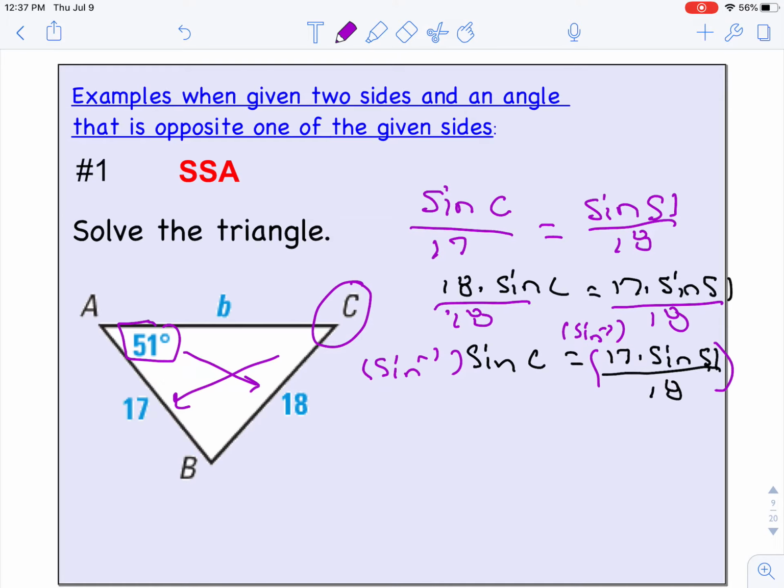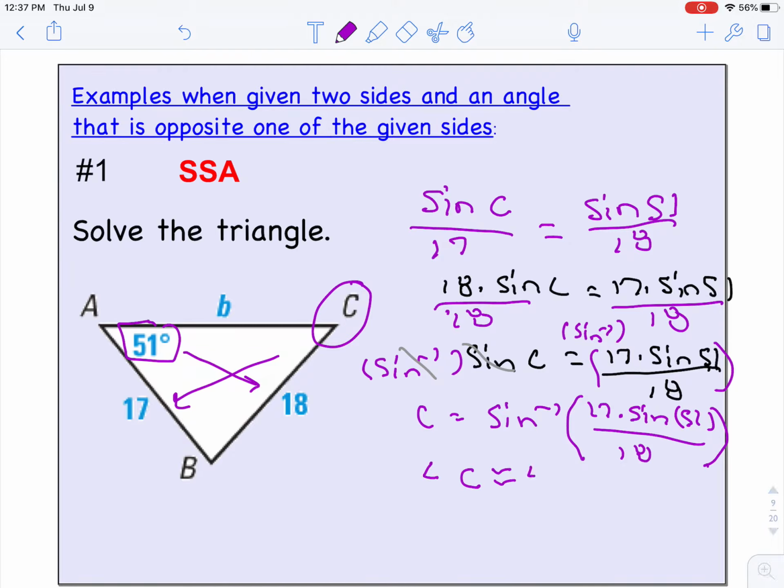Again, this can get tricky, so practice this on your calculator. These cancel out, so now I'm left with C is equal to, and this is how you'll enter it in your calculator, inverse sine, then a parenthesis, 17 times the sine of 51, close that parenthesis, divided by 18, and then you'll have another parenthesis.